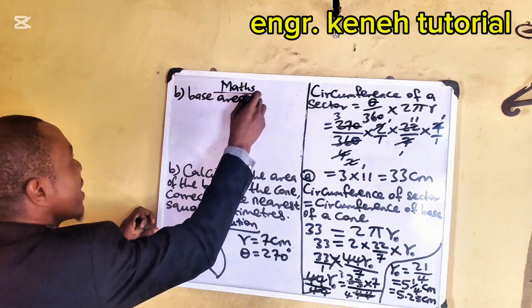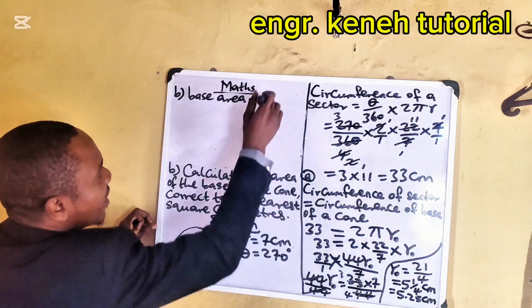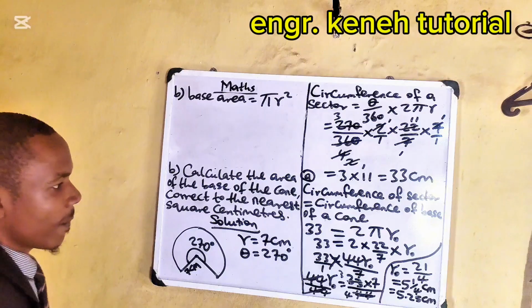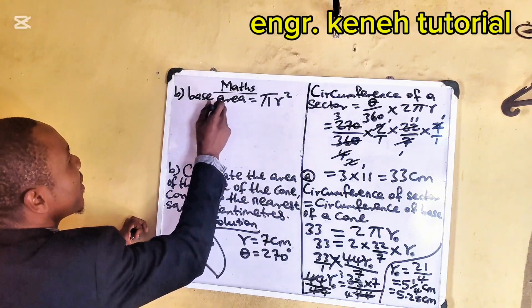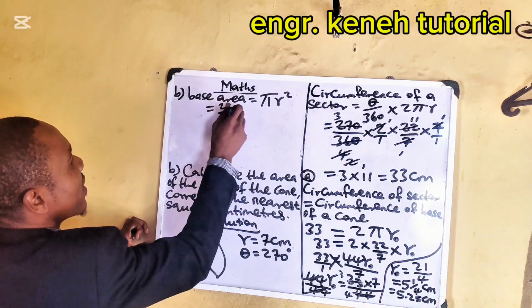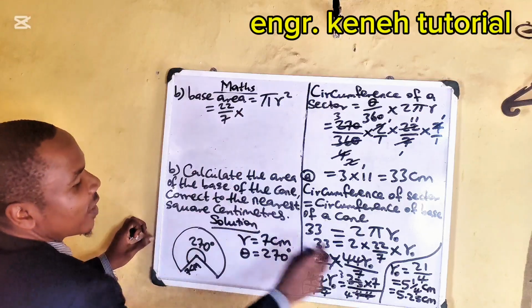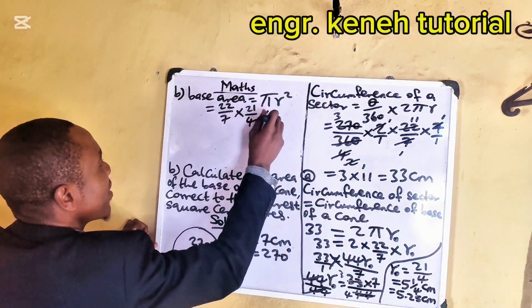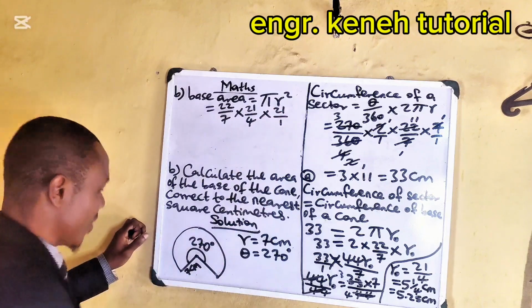Base area is what? It's a circular shape. So it has this pi r square. Can you see that? So we have it to be this. Pi is 22/7. Radius is as you can see, it means 21/4 times what? 21/4. Can you see that?